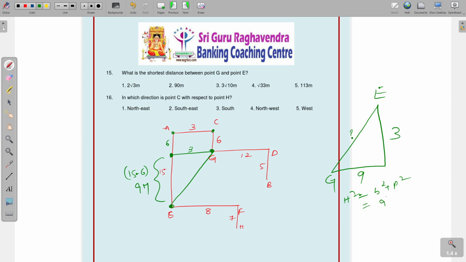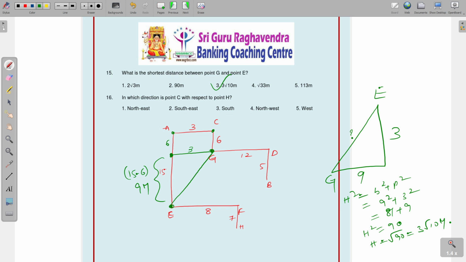So base is 9 square plus perpendicular is 3 square, then 81 plus 9, that is 90. Hypotenuse square is 90, and then hypotenuse equals root 90, that equals 3 root 10 meters. Okay, option 3 is the answer. Hypotenuse, in the sense, is the shortest distance between E and G.